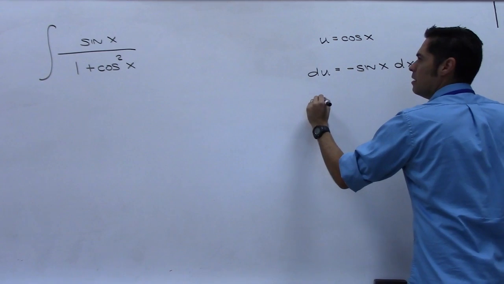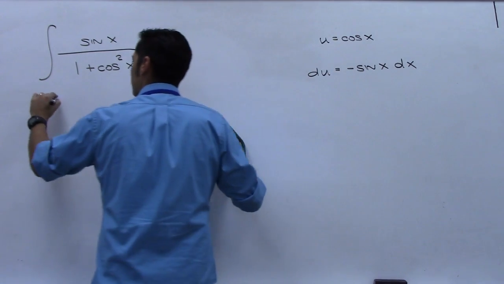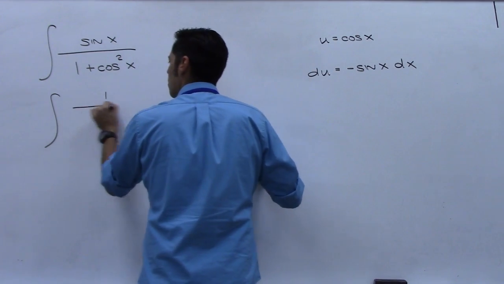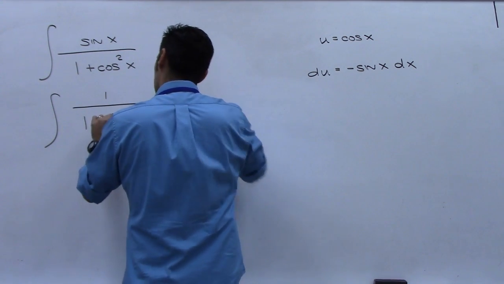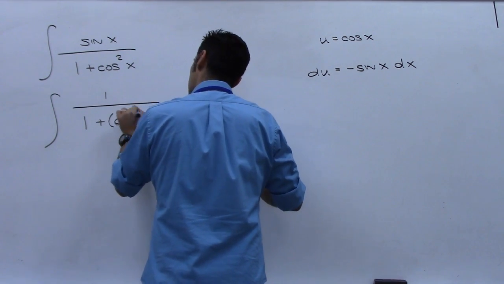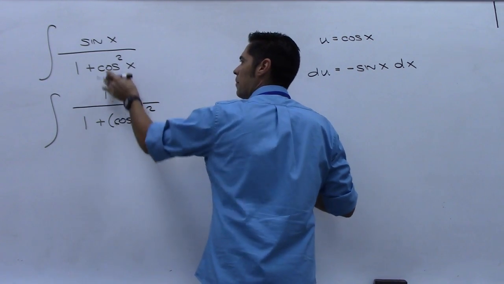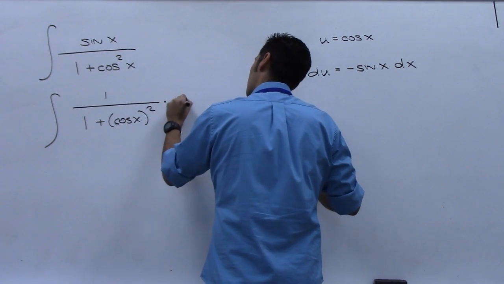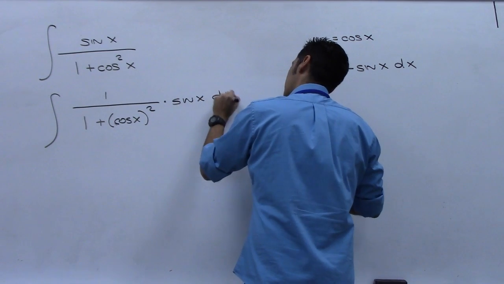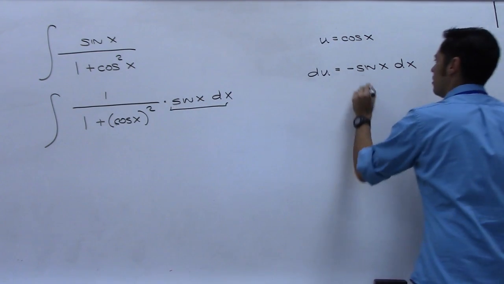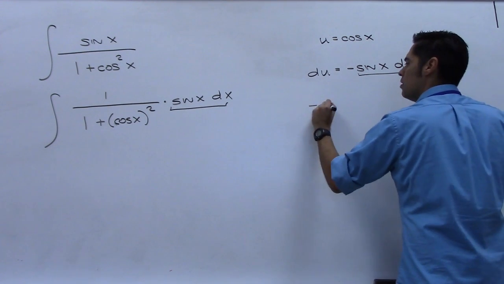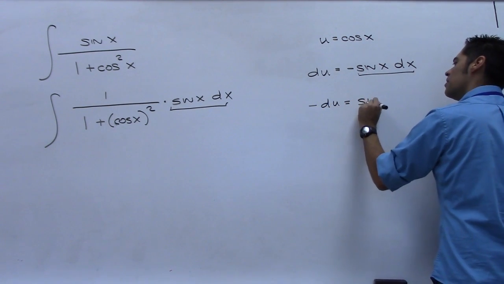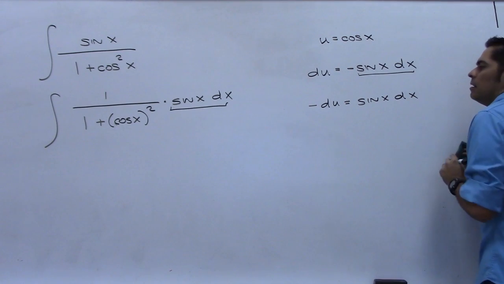And then I have that over here. What I actually have is 1 over 1 plus cosine x squared. That's what that means, right? Then times sine x dx. So this sine x dx is here. I'm off by negative 1, right? So negative du equals sine x dx.